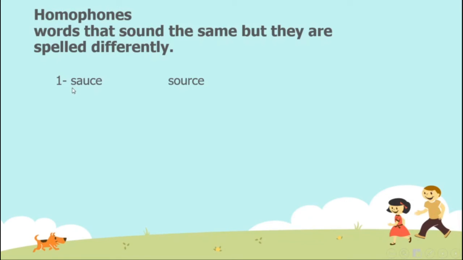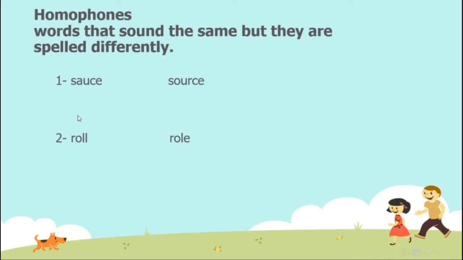That means you pronounce such words the same, but when you are going to write them, you will find different letters. Source, they are the same in pronunciation, but they are written or spelled in different ways.